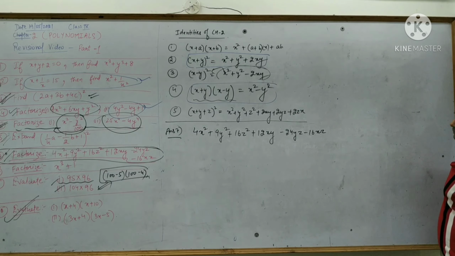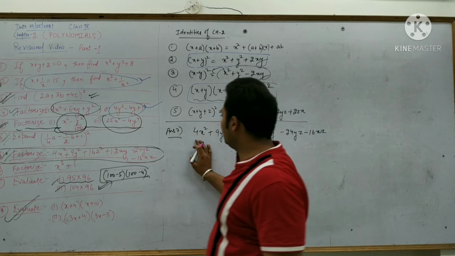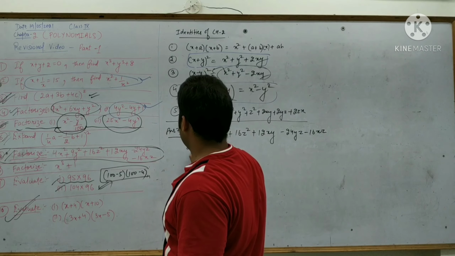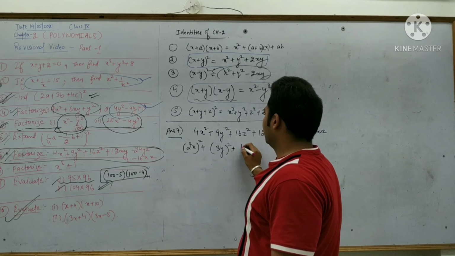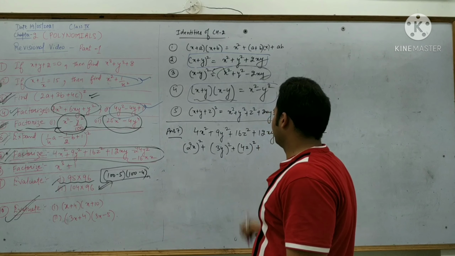Okay, now children, this 4x square can be written in the form of 2x whole square. This 9y square is 3y's whole square. It is 4z's whole square.